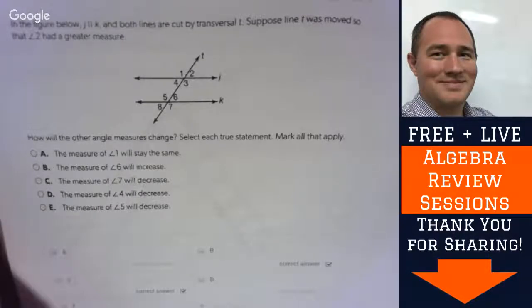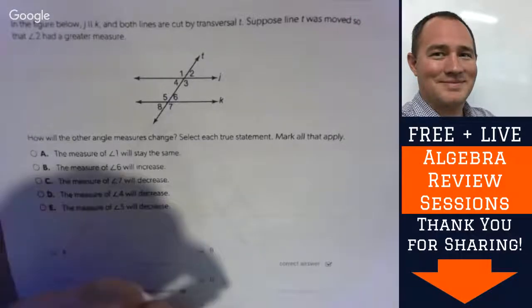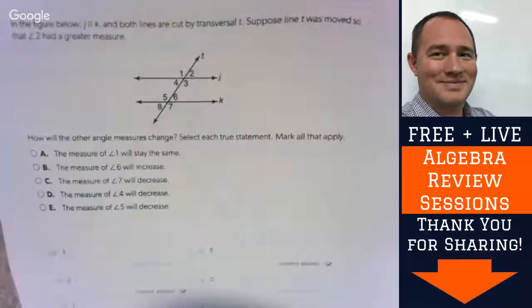So what would that really look like? That would be maybe something like this. Let's make a straight edge out of one of these.